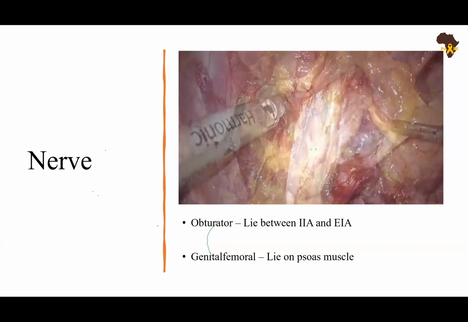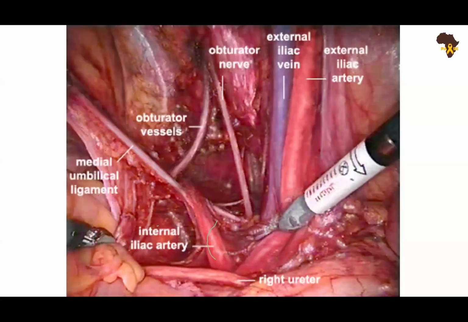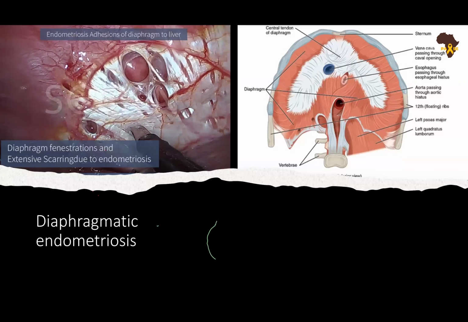So when we are now talking about the vasculature, this is how we have to understand the arborization of the architecture of the retroperitoneum before moving on. Finally, we have the diaphragm. As an endometriosis surgeon, eventually we may need to understand some of the lesions that occur on the diaphragm.